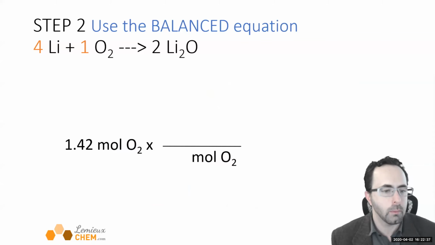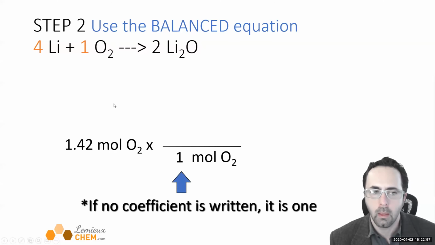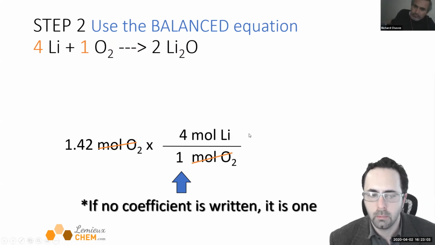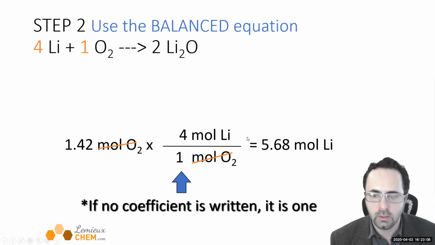What you really have to think about is, what is the proper number to go next to moles of O2, and what will be on the other side that will be equal to that in some way? So for step 2, because we're going from moles of O2 to moles of lithium, our numbers will come from the balanced equation. So 1 for the moles of O2 and 4 for the moles of lithium on the other side. Did that help? Yes. Thank you. Sure. Other questions?